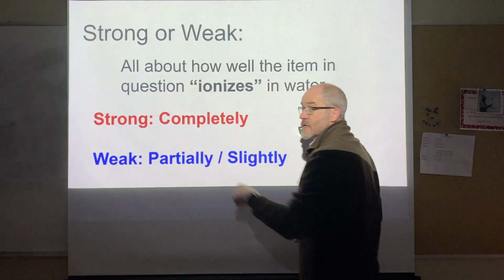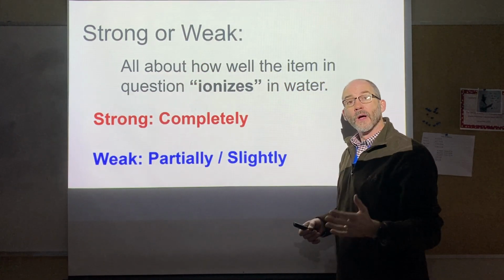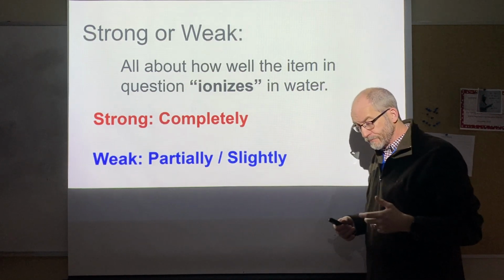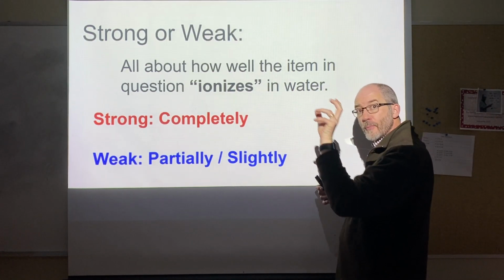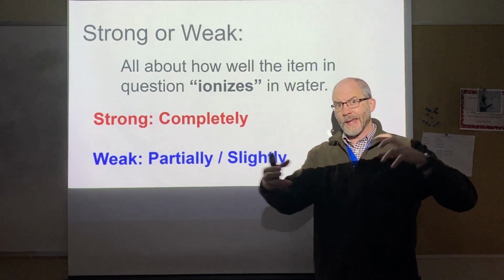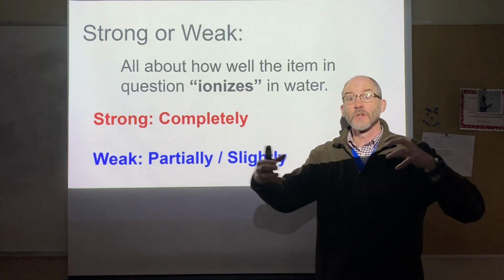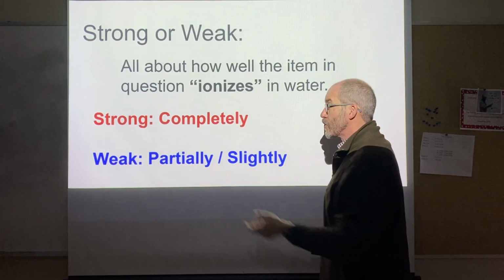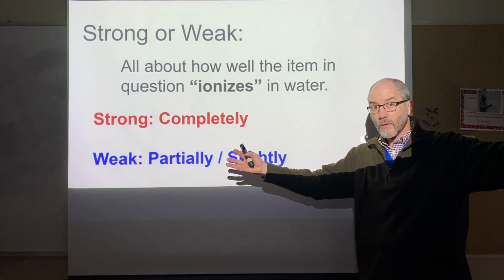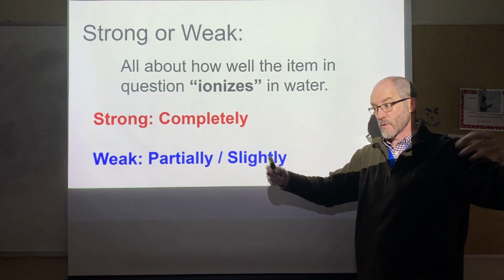Strong and weak is all about how well whatever you put into water, typically we'll refer to that as a solute, how well will it come apart? How well will it ionize or dissociate? Listen, if you put it in water and almost every single compound comes apart, then guess what?